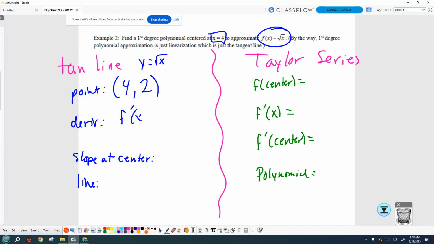Multiply by the power, lower the power, okay? Katie, what is my derivative at the center that they are requesting? So plug in 4 to the derivative. 1/2 times the square root of 4, which is 1/4.